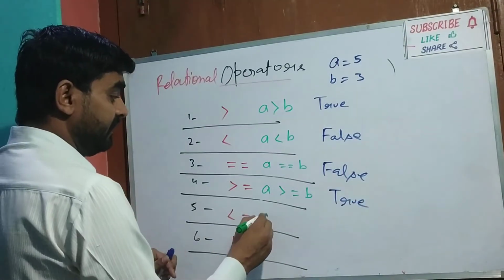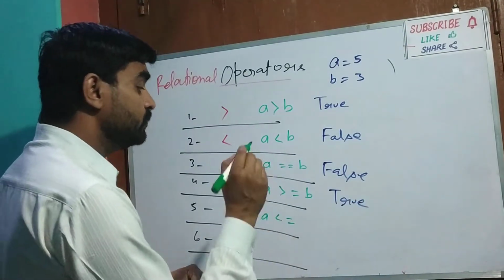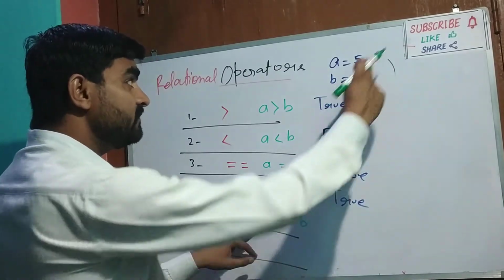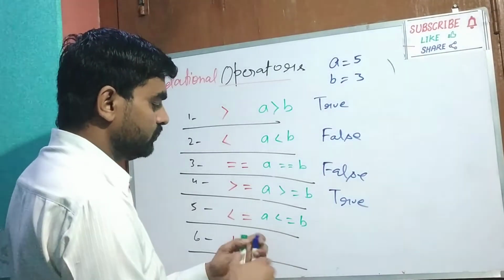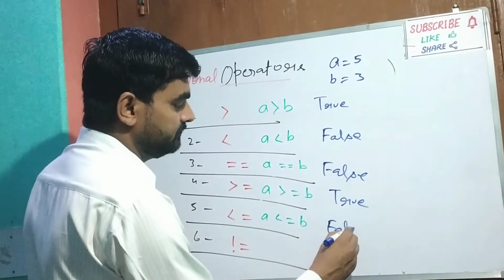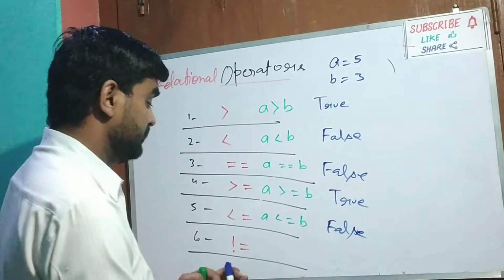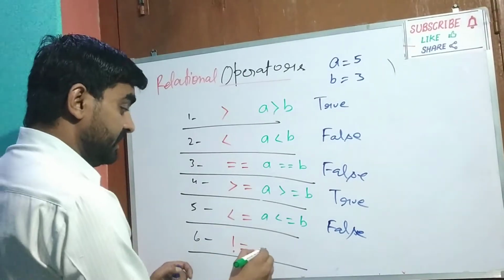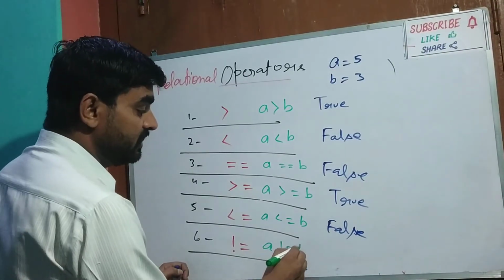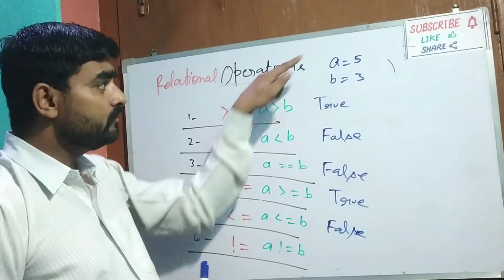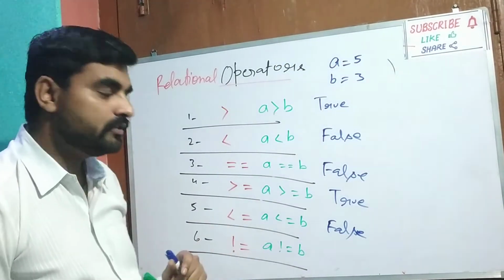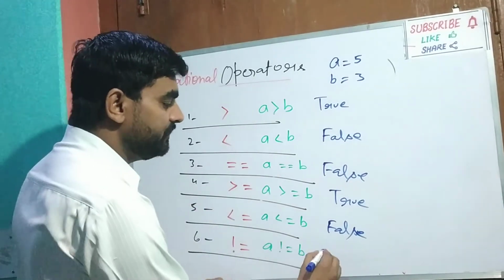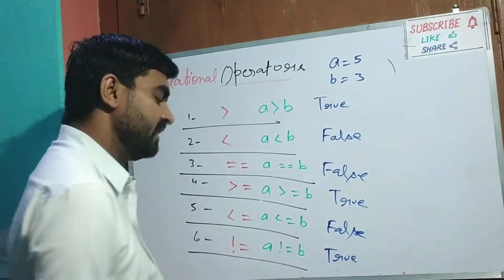Again, a less than or equal to b. a is 5, less than b? False. So this result is false. Again, a not equal to b. Yes, if you find a is 5, b is 3, and 5 is not equal to 3, this is going to give you true as a result.